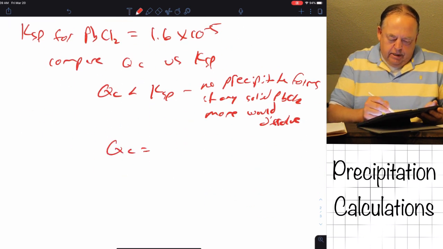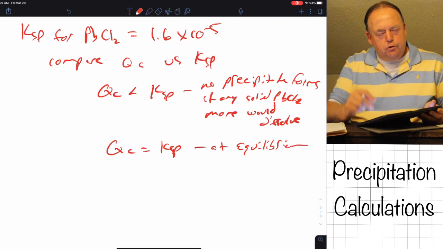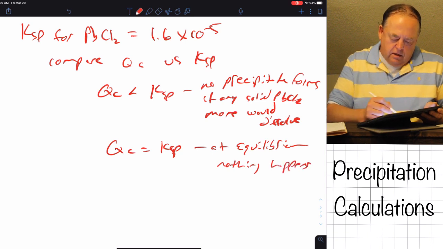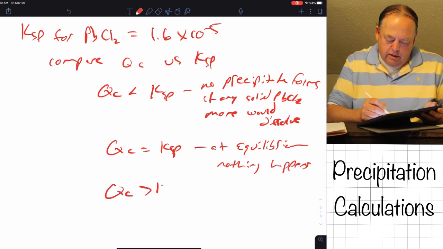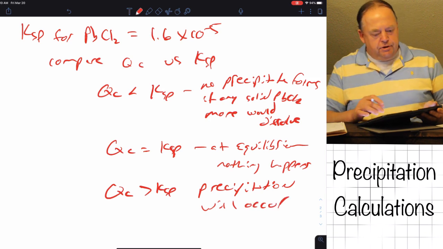If QC equals KSP, then that means you're at equilibrium, and when you mix the two solutions together, nothing would happen. If QC is greater than KSP, then precipitation will occur.